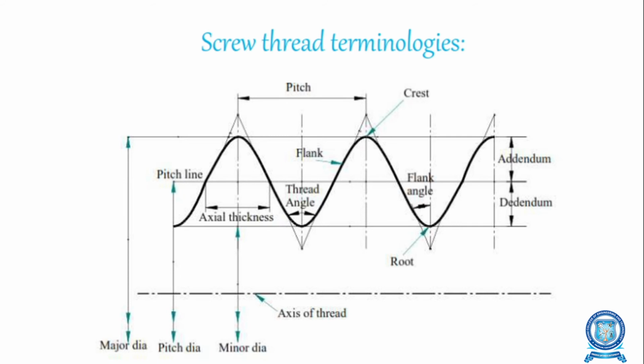Then the next one is pitch. Pitch is the distance measured parallel to the axis from a point on a thread to the corresponding point on the next thread. Here we measure the distance from one thread's crest to the next thread's crest, which is called pitch.